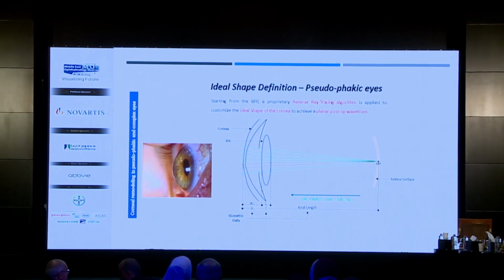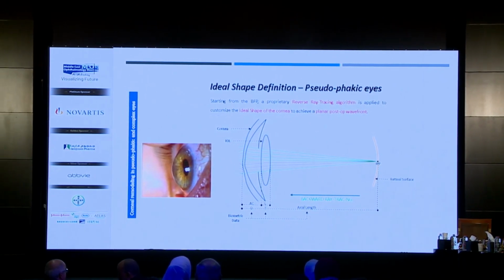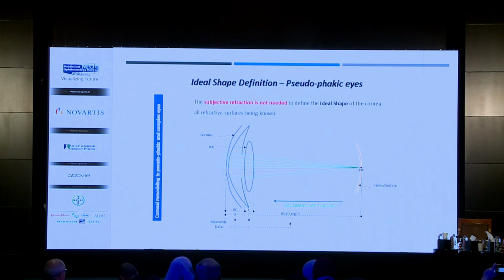A proprietary reverse ray tracing algorithm is applied to customize the ideal shape of the cornea, achieving a planar postoperative wavefront. The most important thing is that we don't need subjective refraction to define the ideal shape of the cornea, because all refractive surfaces are known.